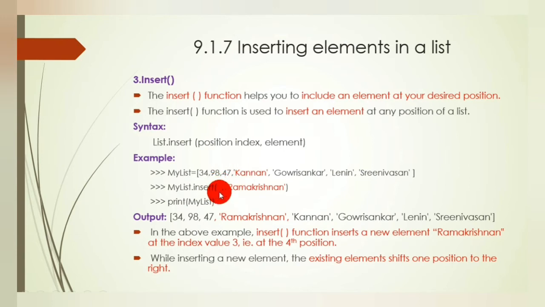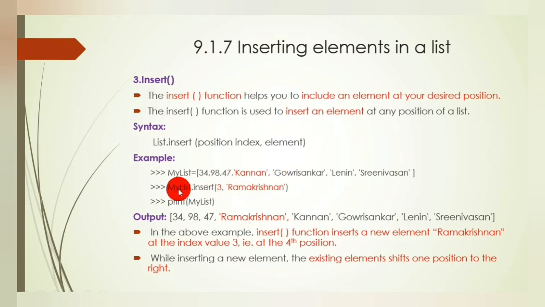We want to add the element Ramakrishnan at the third position. So in the place of Kannan, which name do we want to insert? Ramakrishnan. Then the already existing name moves one position to the right side. So if you are inserting a new element into the existing list, the elements already present in this list are moved right by one position.